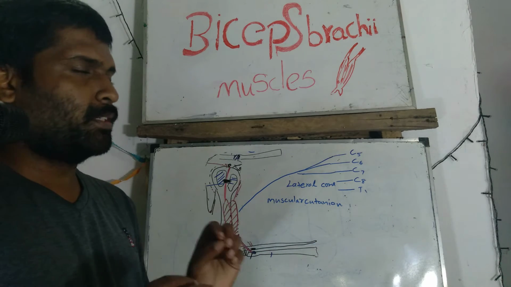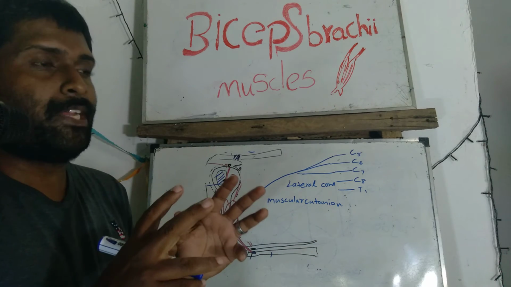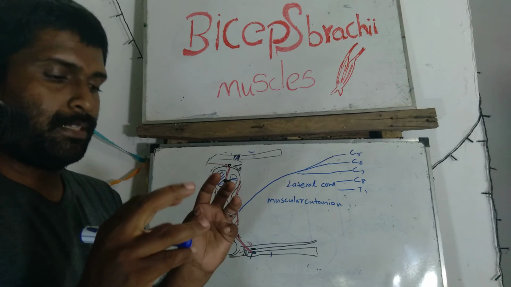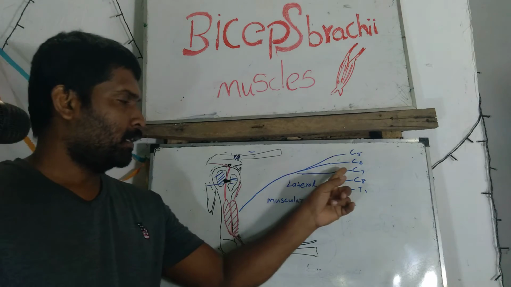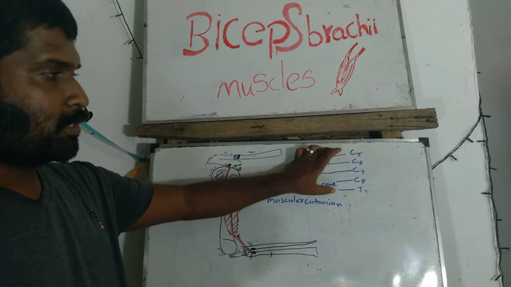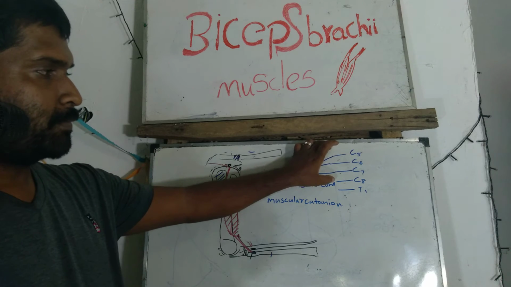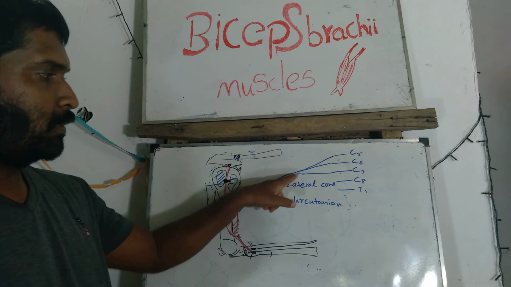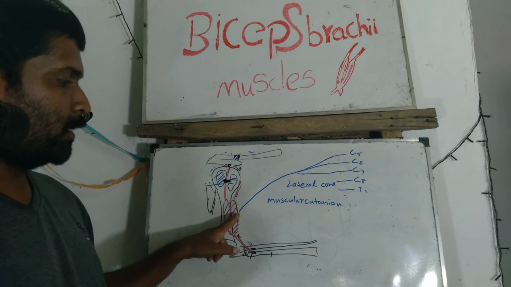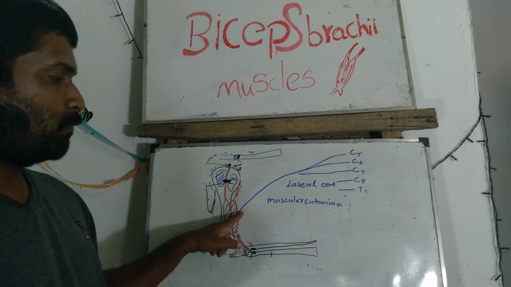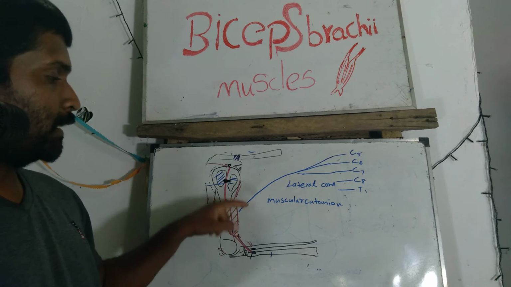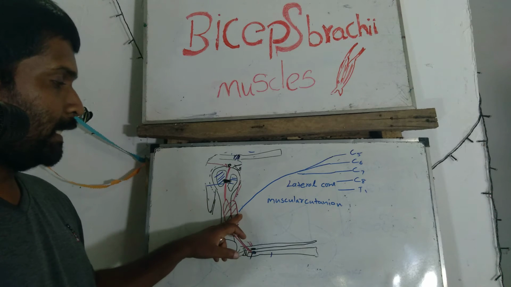Now we are going to talk about this stimulation briefly. The stimulation from C5, C6, C7 comes to the musculocutaneous nerve, gives some form of movement, and activates this muscle, the muscle belly.